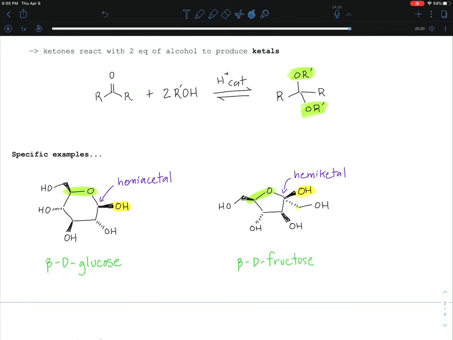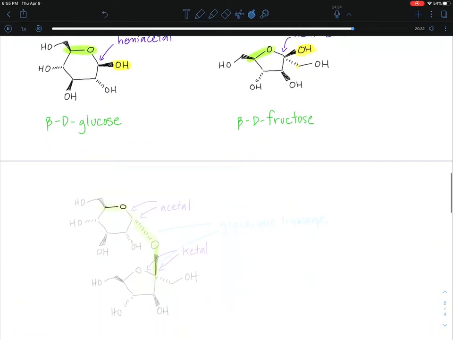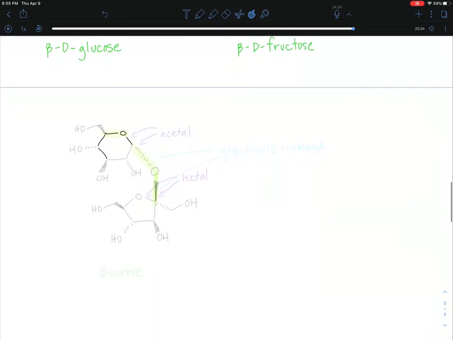You know, we can bond glucose and fructose together. So I can make, say, an alpha linkage off of glucose here. So let's draw like this. Easier to just draw this with stereochemistry.